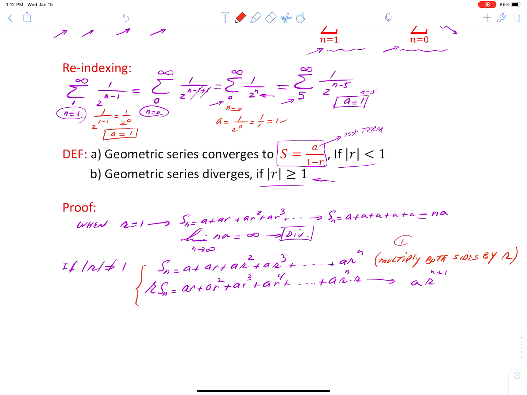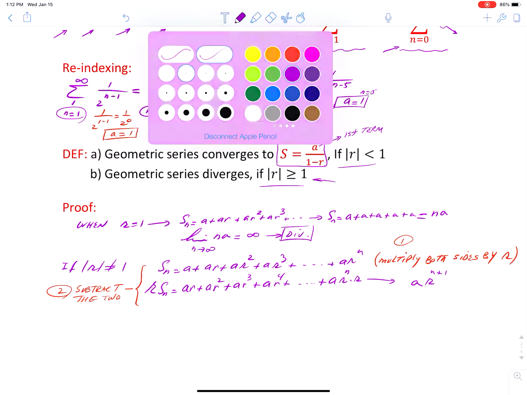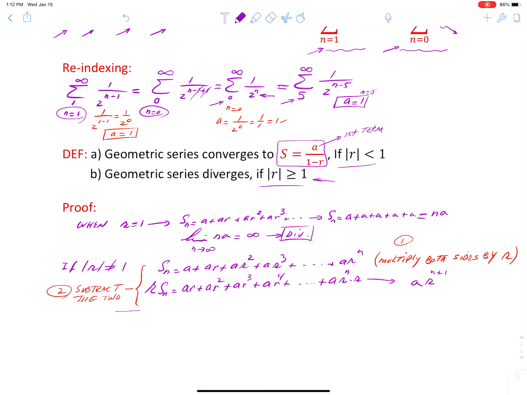So then we say, let's call this step 1. Step 2, subtract the two. So when we subtract the two equations from each other, we get the following. S of n minus r S of n. And the first term, this a, stays.